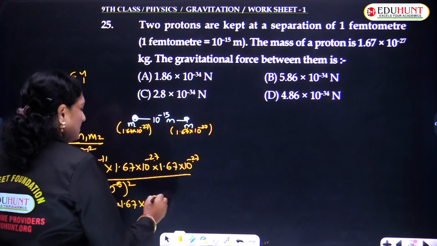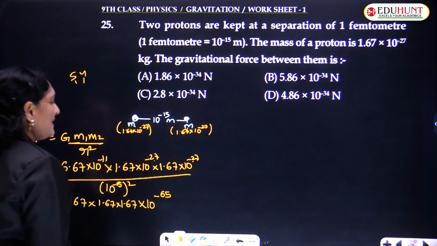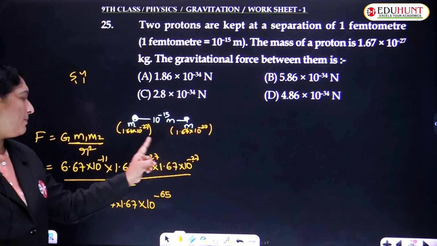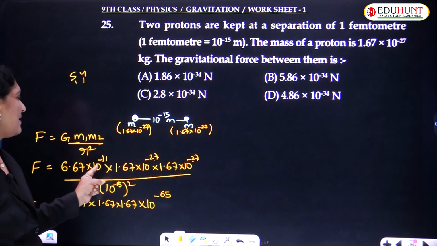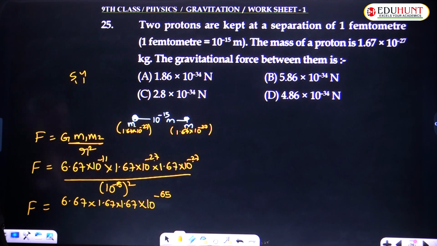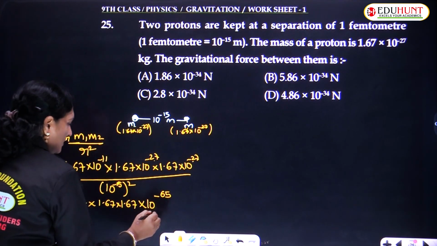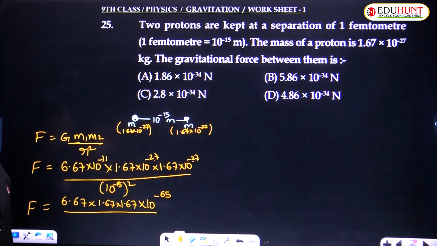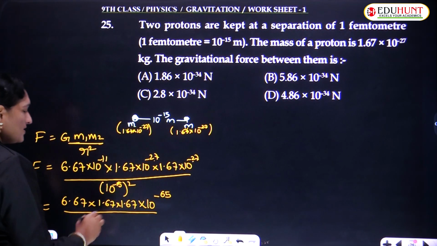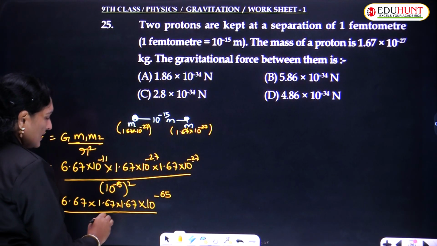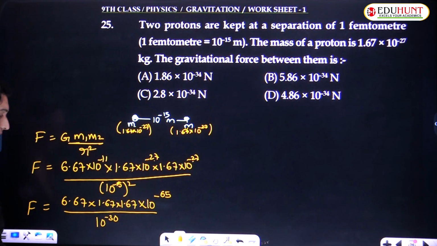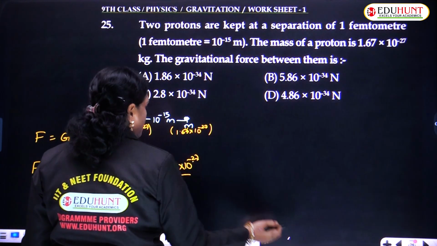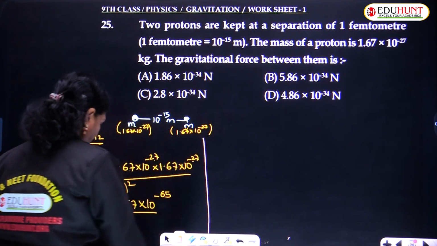So finally the numerator you are getting as minus 65: minus 27, minus 27 is minus 54, minus 54 minus 11 is minus 65. Upon denominator you have 10 power minus 15 whole square. So 10 power minus 15 into 10 power minus 15, you will be getting 10 power minus 30. So if you bring this 10 power minus 30 up, let us see how much it will be.